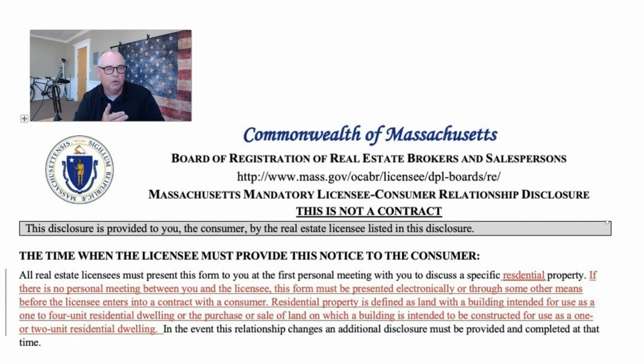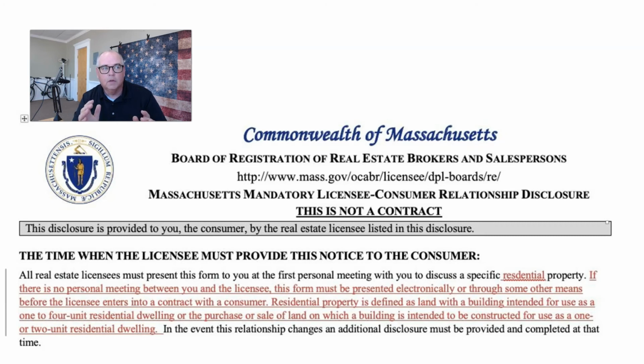Now, that seems to exclude rentals, because there is no contract with the consumer in rentals in most cases. There's a fee disclosure if the tenant has to pay a fee, but that fee disclosure is also not a contract. And there might be a lease, but that is not a contract to which the licensee is a party. Oh, sorry, somebody driving by.